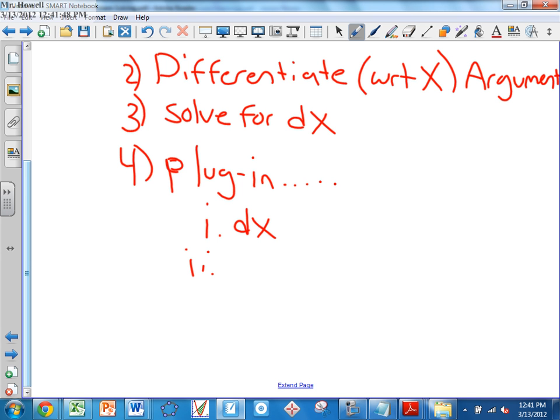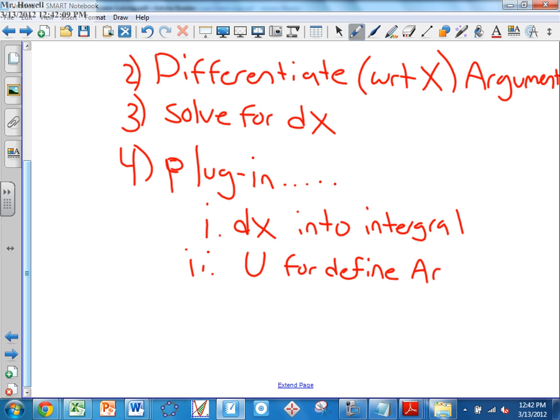And then what is u? Plug in u for the argument. Good. The defined argument, really, that's what you're looking at. Remember, you defined it as u.